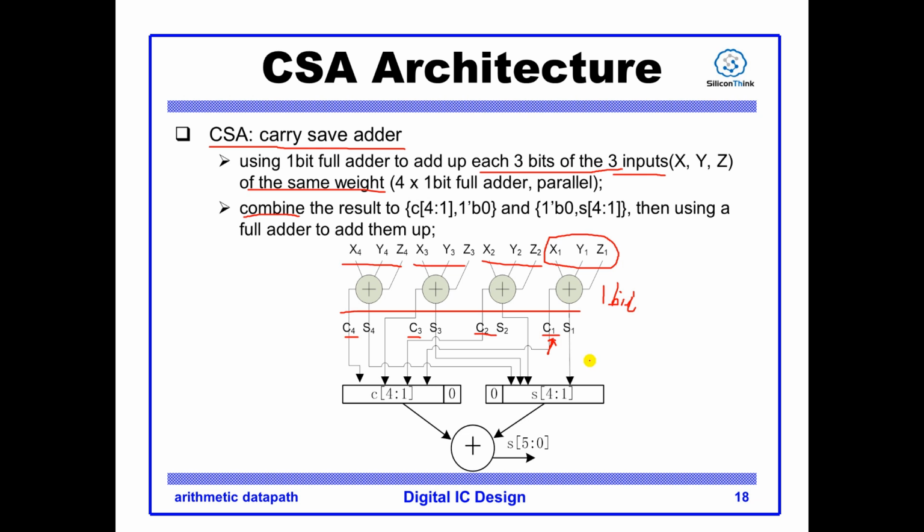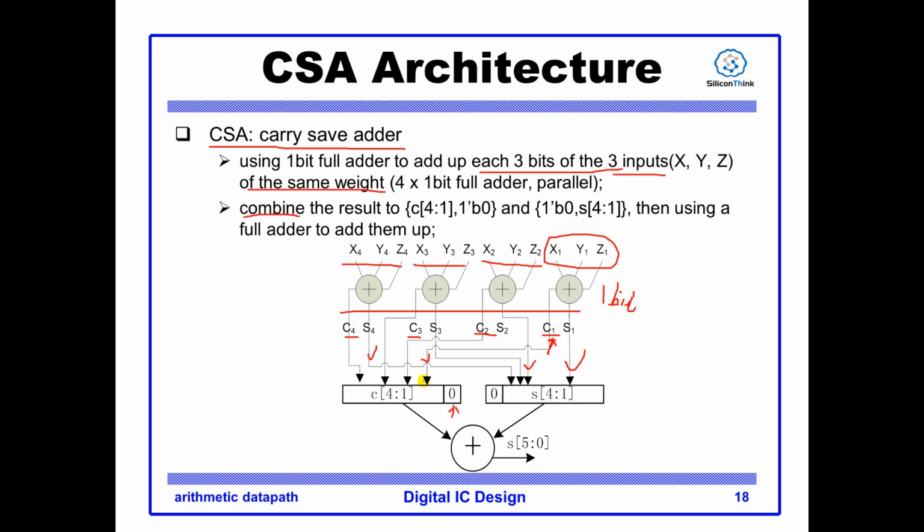The weight of C1 is 1 bit bigger than S1, so you need to append a 0 at the LSB, and then we combine the sum to this number.